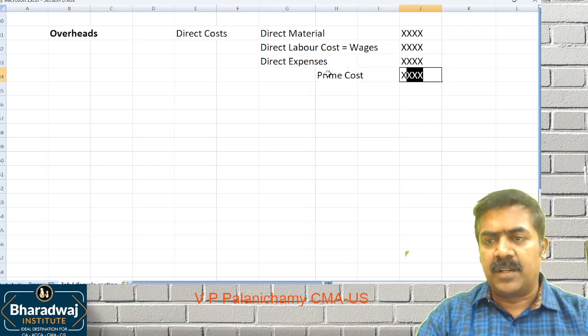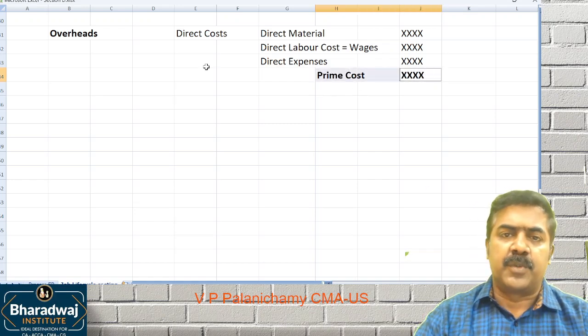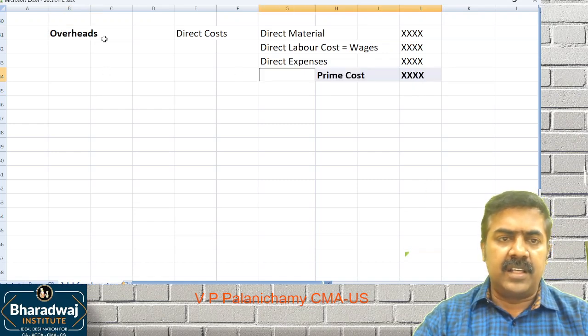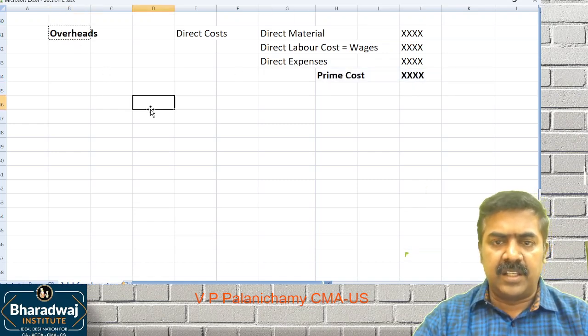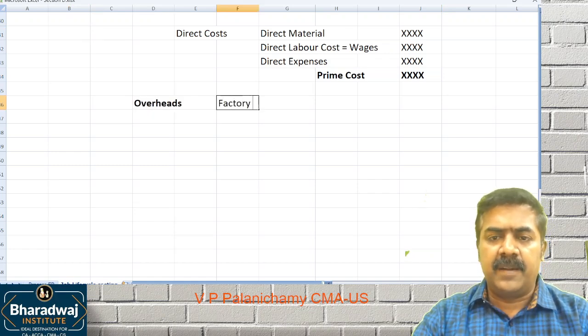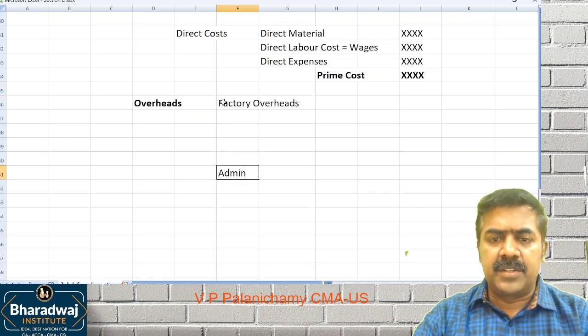This we call prime cost. So the first cost in making the product is which one? Prime cost. Then all other things are called overheads. All other things are called which one? Overheads. Overheads may be related to factory. It may be related to administration overheads.